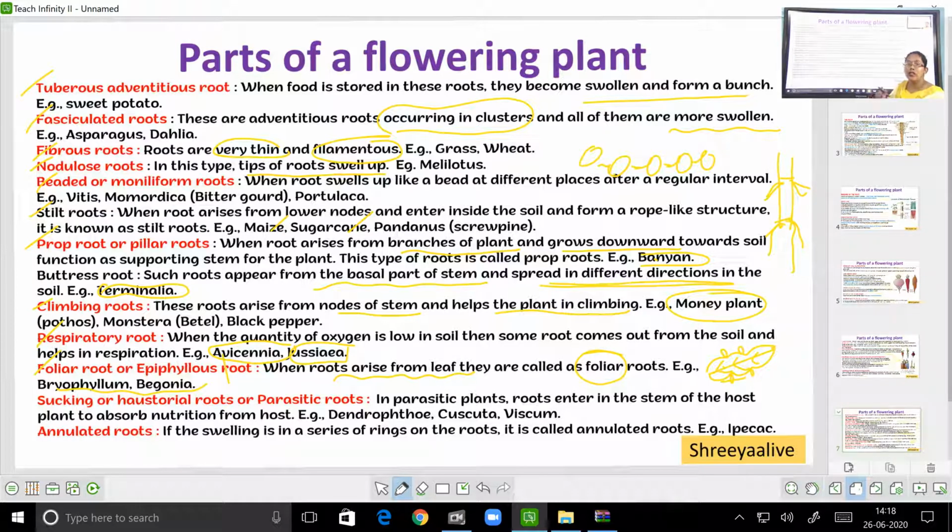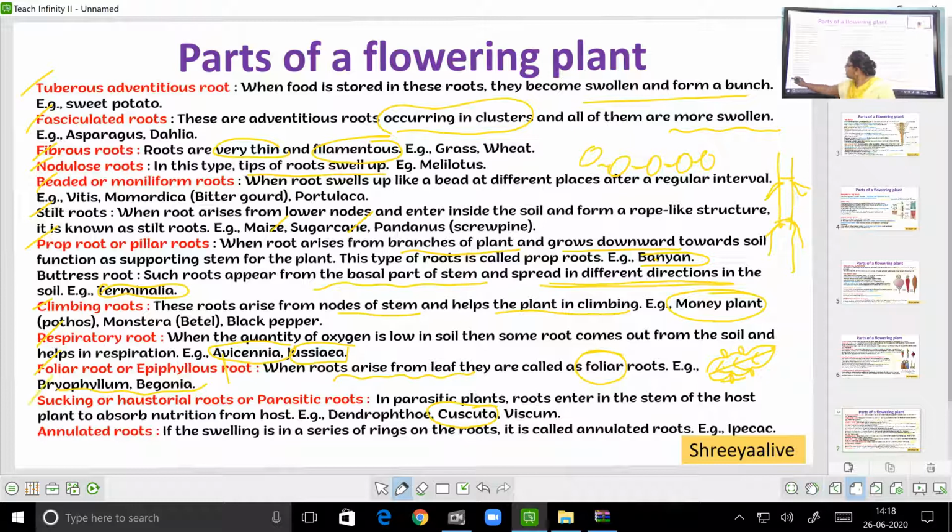Main function is to suck or draw the nutrition of the host. That is seen only in parasitic plants. Example is Cuscuta. Cuscuta is a stem parasite, light yellowish in color, with thread-like structures that always twine on the surface of another plant.